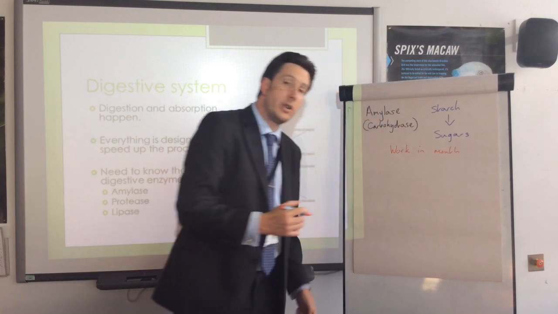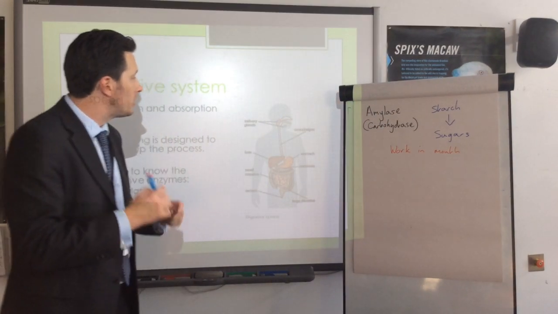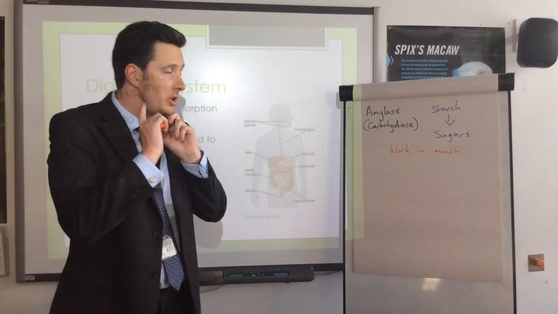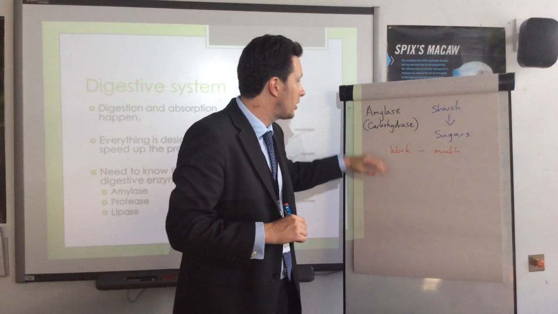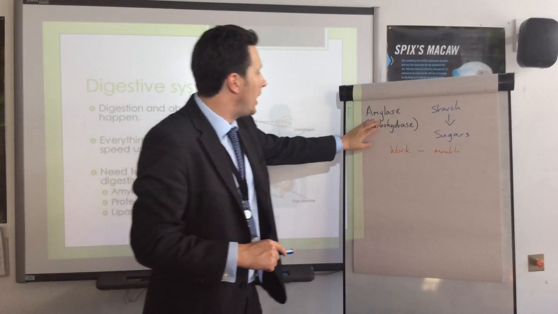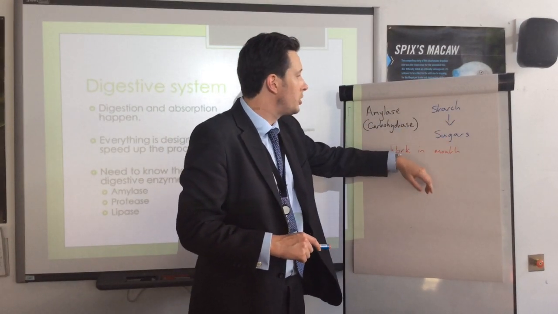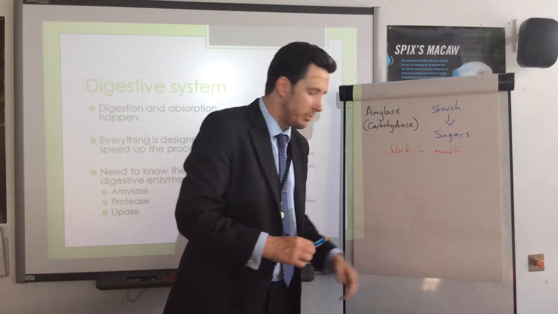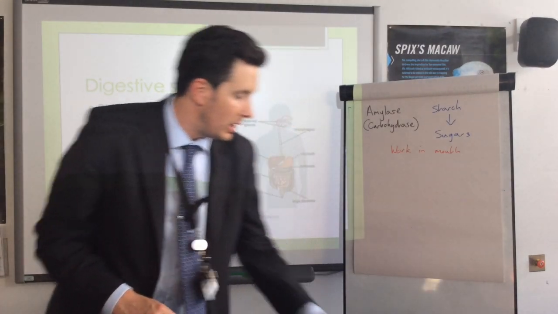It's produced by the salivary glands, which are in the mouth. So the salivary glands produce your amylase, which is a type of carbohydrase, because starch is a carbohydrate, and breaks it down into sugar. It works in the mouth, produced by the salivary glands.